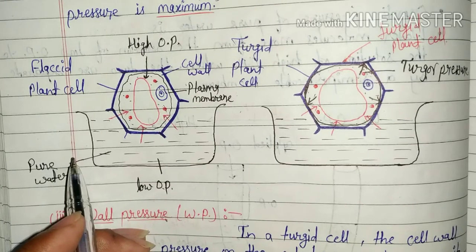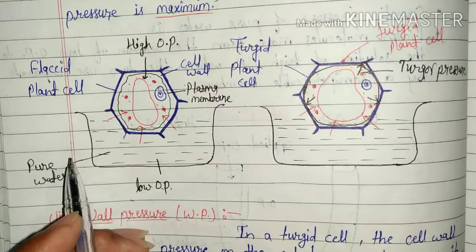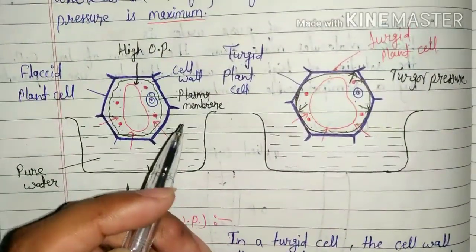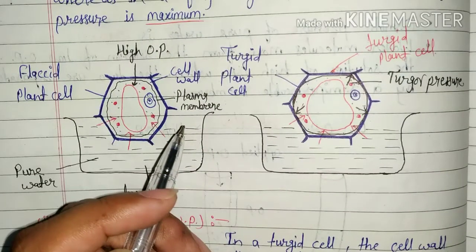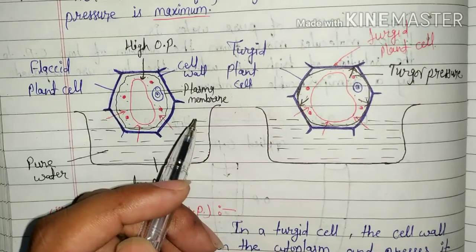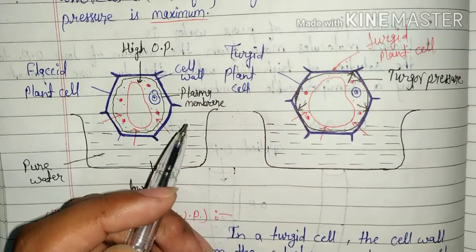Second, the 3D structure of mitochondria, chloroplast, and microbodies is maintained due to turgor pressure, which is essential for their physiological activities. Next, turgor pressure helps in cell elongation or growth of the cell.